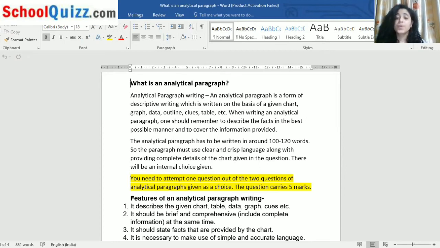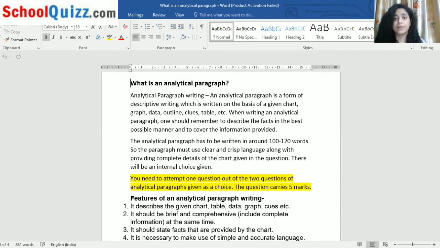When we are writing an analytical paragraph, one should remember to describe the facts. As we have learned in the factual passage, it is basically over a particular topic, and we have to write every detail over that topic. Similar in the analytical paragraph too.